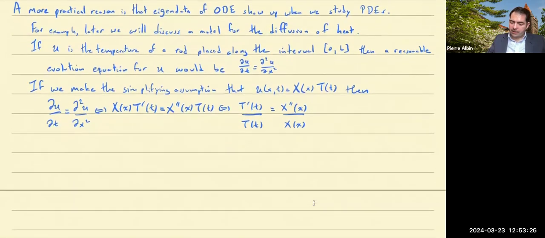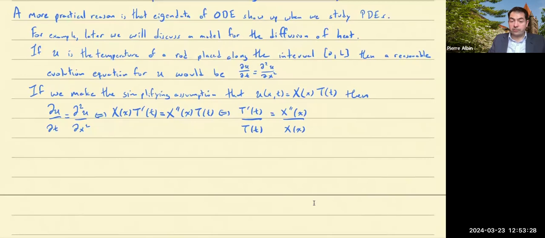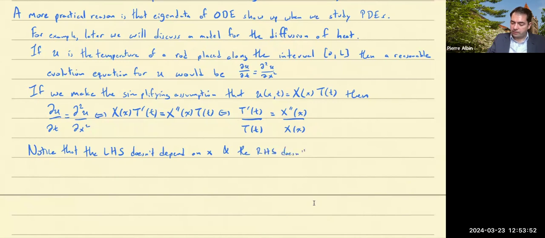Okay, and now we stare at this equation. Notice that the left-hand side doesn't depend on x. And the right-hand side doesn't depend on t.